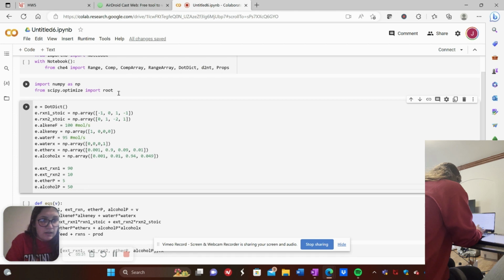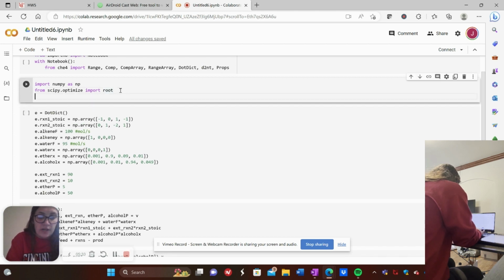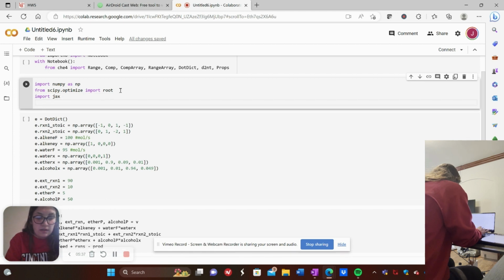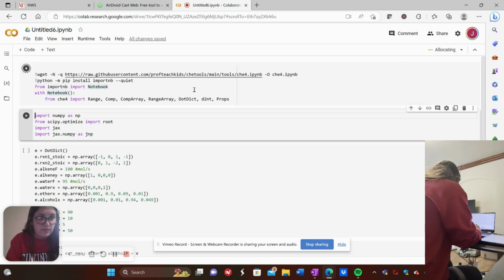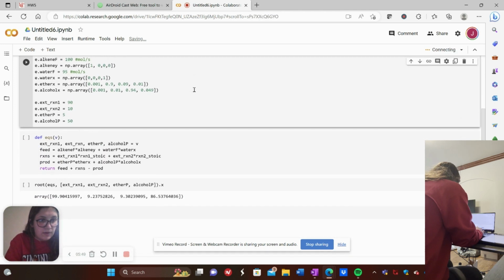Okay. And then we want to add a couple new libraries. So we have import jax and then import jax.numpy as jnp. Enter on all of those.